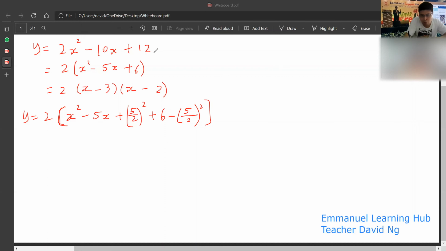If I throw you an expression like this, 2x squared minus 10x plus 12, and ask you to sketch the graph, do you agree the coordinates of the turning point is a very good piece of information to have?